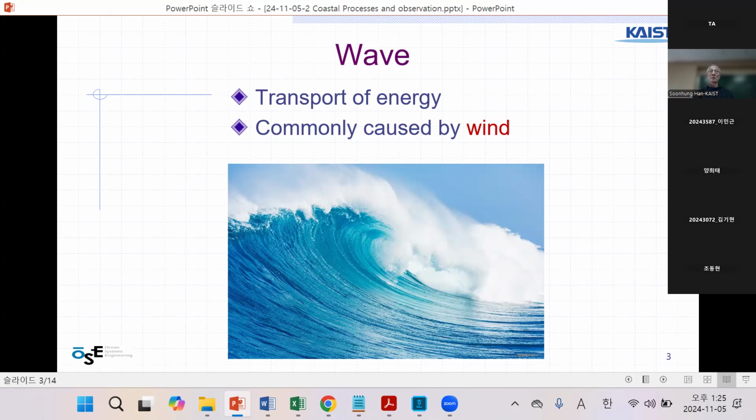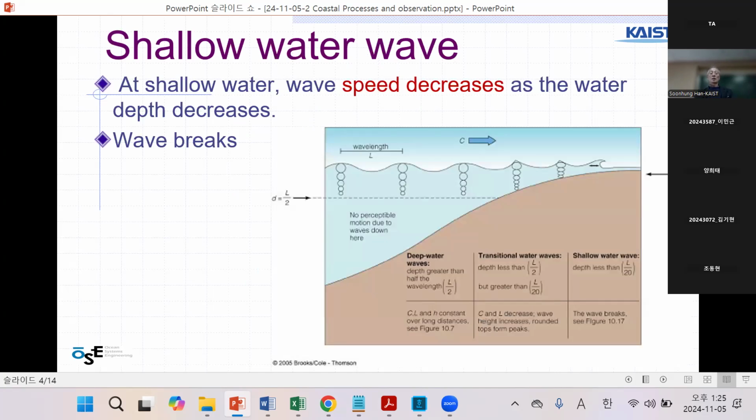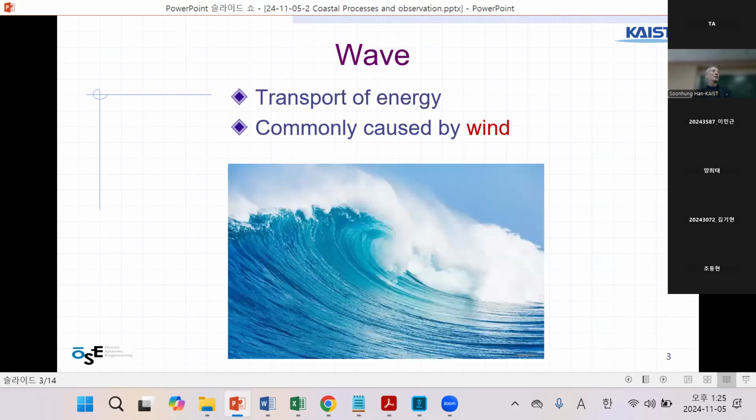There are different characteristics from wave coming from wind. And shallow water. So when you're surfing, you may notice that the faraway wave is not so high, right?